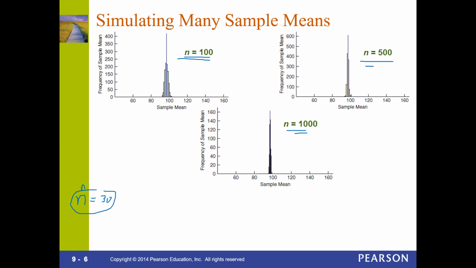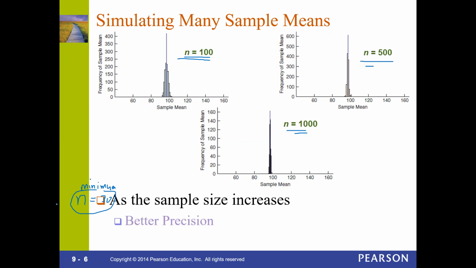Minimum 30 is a good sample size. Before that, you have to do some other procedure, which I'll talk about later today. So you can see, as the sample size increases, you get better precision, and the accuracy does not change. Any questions so far?